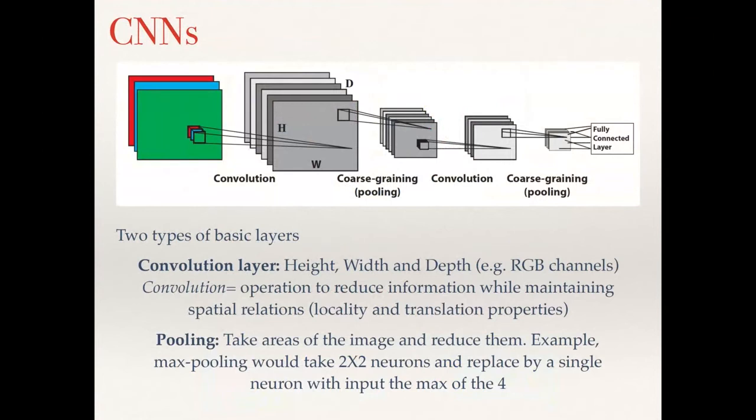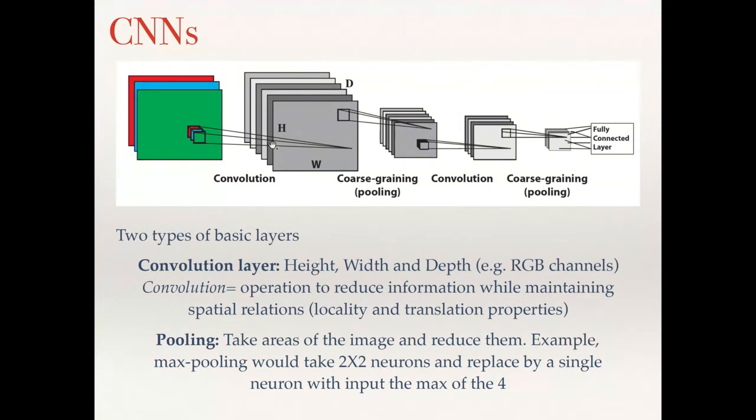Okay, so this is the typical plot you will put for convolutional neural networks. The idea is that it is a set of layers where you start with an input given by, if it's a color image, the three channels of the color, so red, blue, and green, and an intensity in each of the pixels of this image.